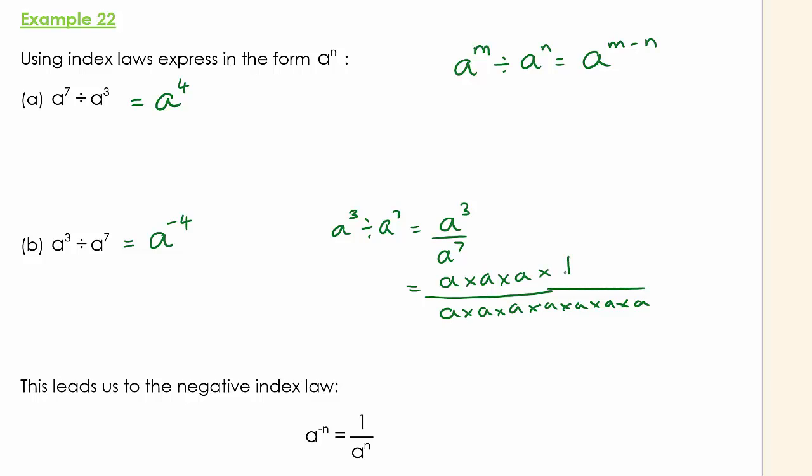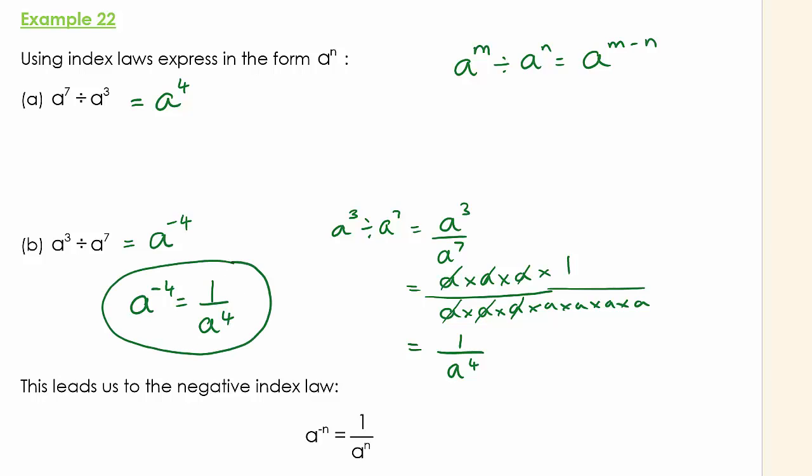Let's put a times 1 up here as well. So if we cancel these off, what do we end up with? We've got a 1 on the top and a times a times a times a, which is a to the 4 on the bottom. So a to the negative 4 is 1 divided by a to the 4.